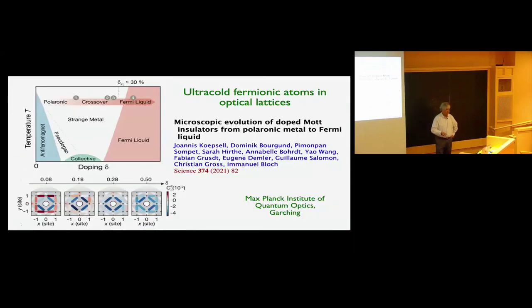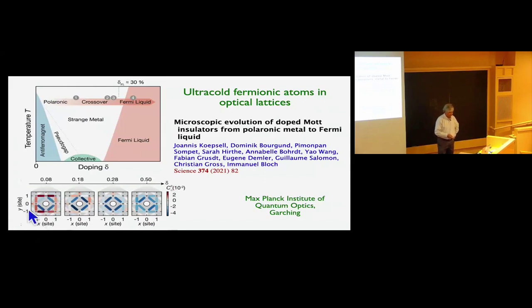So in particular, the kind of thing I thought you could now try to measure are these local correlations that appear in cold atom experiments. So this is the Hubbard model, where they see a pseudogap, what they call a polaronic metal. In this regime, you look at the spin 3-point correlation function of 2 spins near a hole, and the colors represent the spin correlation function around the hole.